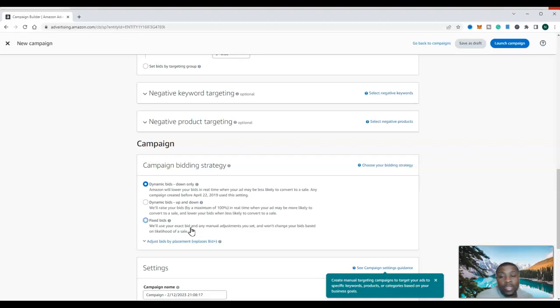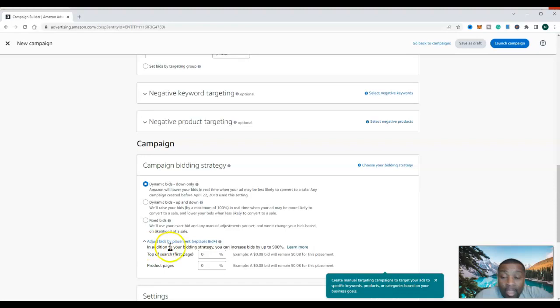It will raise your bids by a maximum of 100% in real time when your ad may be more likely to convert to a sale, more than likely. I'll try that one later this week, maybe, if this doesn't work, but I don't know. Sometimes I'm real iffy on ads because you don't know if they're doing what they say they're doing or they ain't, right? Unless you start seeing people actually clicking and buying.